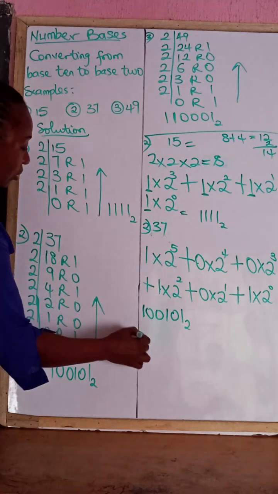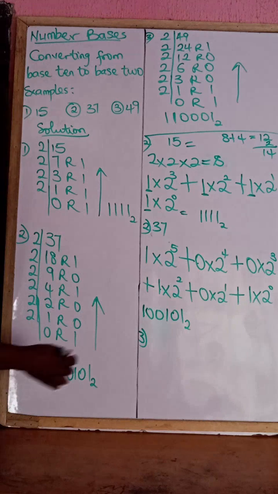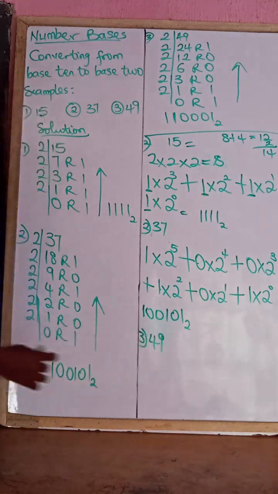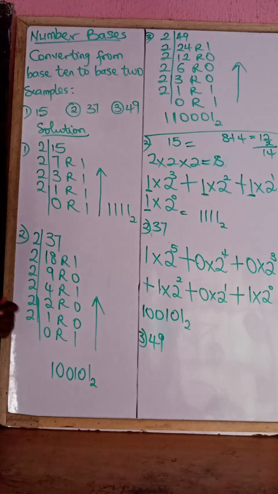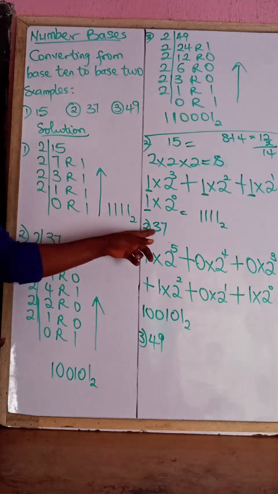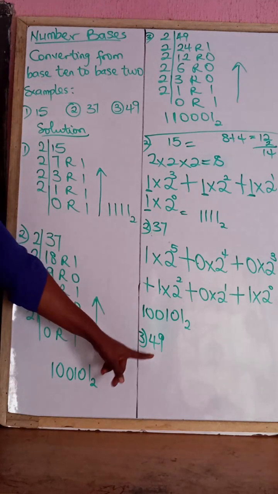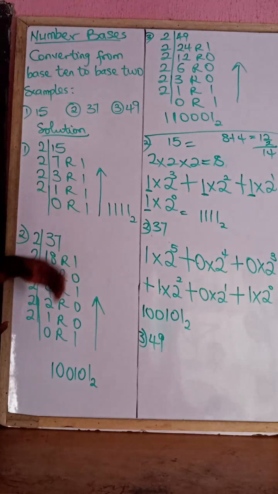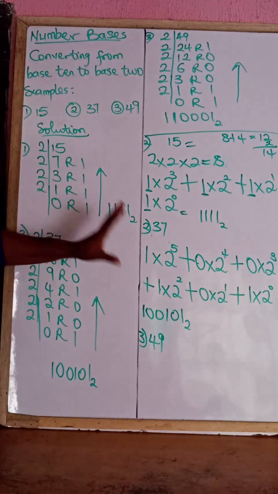And finally, the third one, we have the number 49. Now let's look at the powers of 2 we can find inside 49. Actually, it is still the 5th power. We can't go beyond the 5th power for 49 because after 32, the next power will give us 64, which we don't have here.